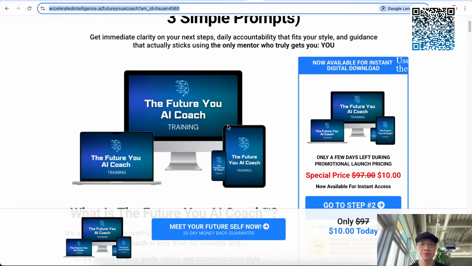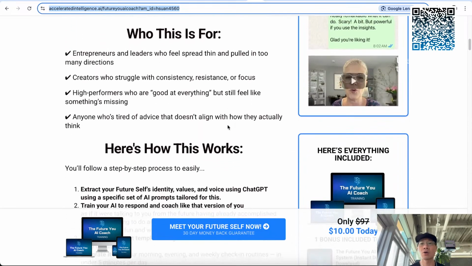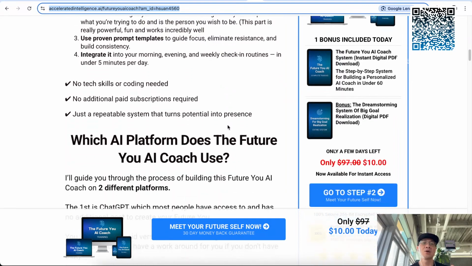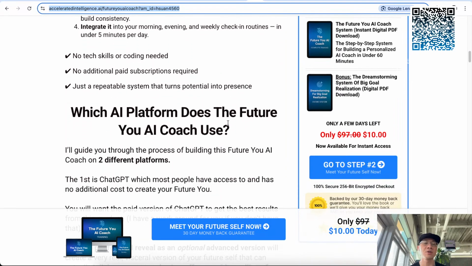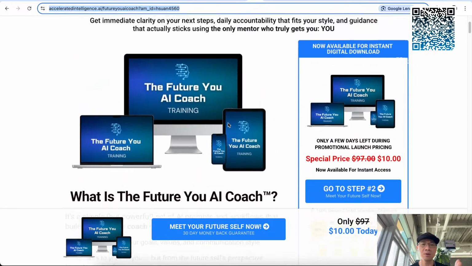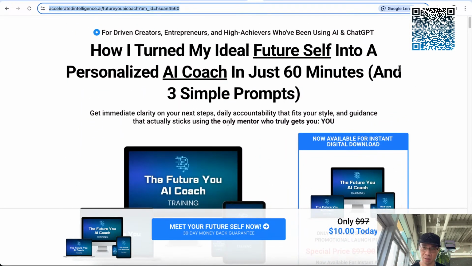Now you got to follow through on these instructions. I think Brad already gave very detailed instructions on how to do it. You don't have to be a coder or a software developer. You just got to know how to use copy and paste.